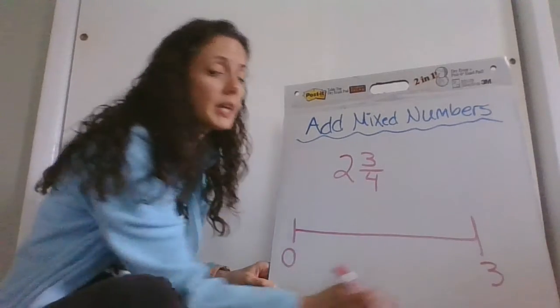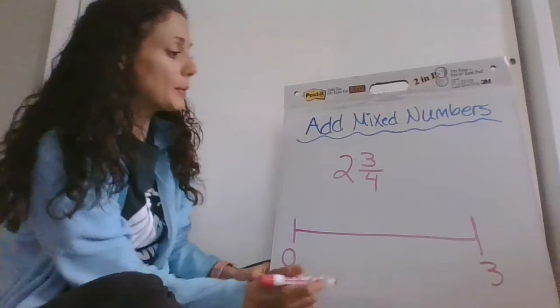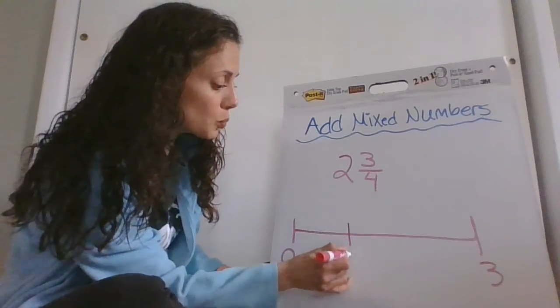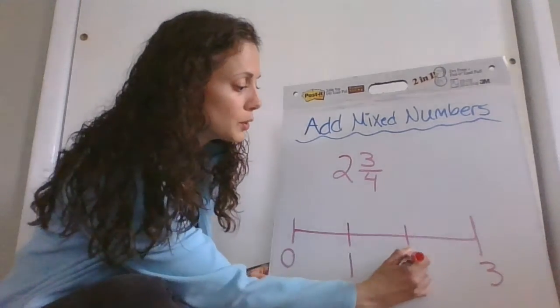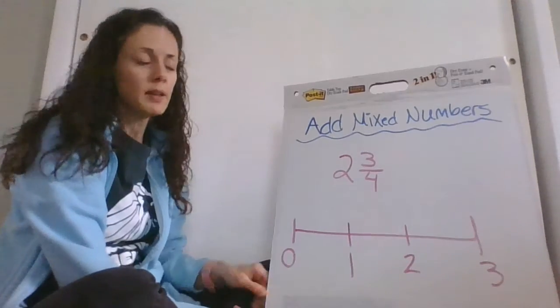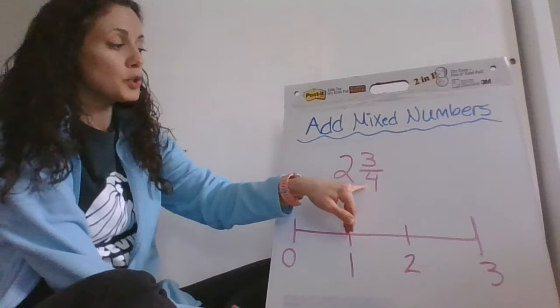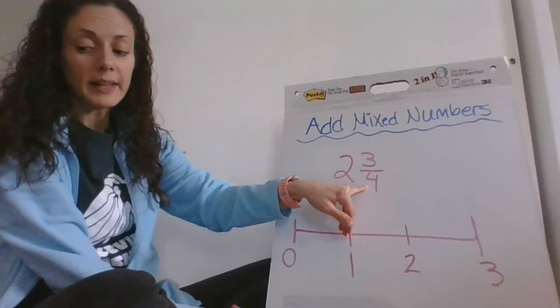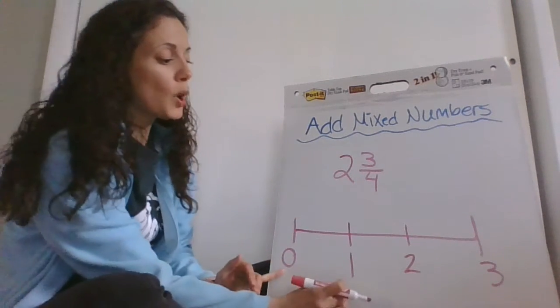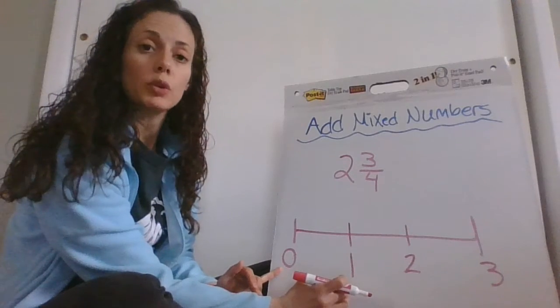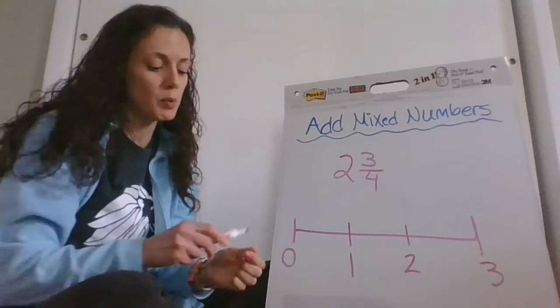Now that I have my number line established, 0 to 3, I'm going to create markers for numbers 1 and 2. Because my fraction shows fourths, that indicates that each part of the number line between each whole number is split into 4 equal parts.